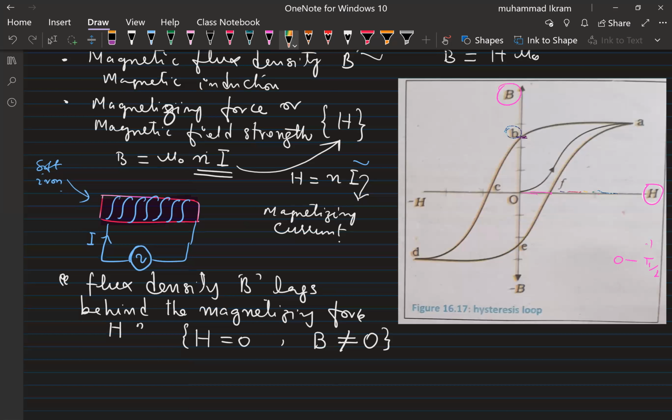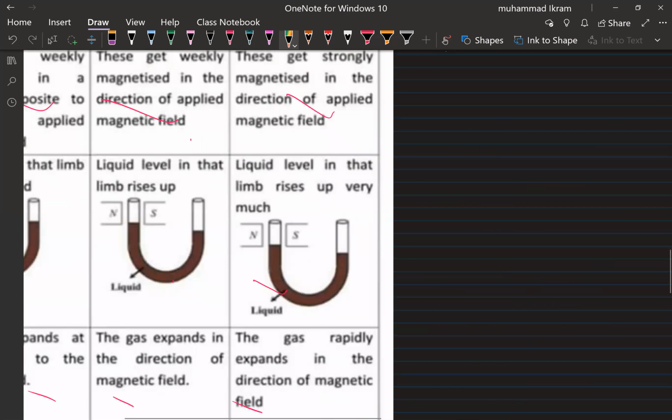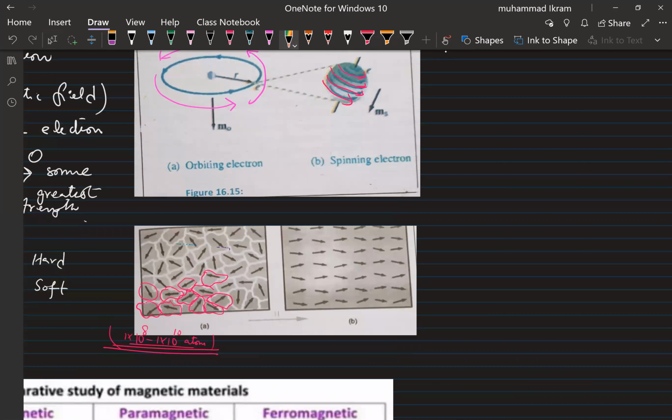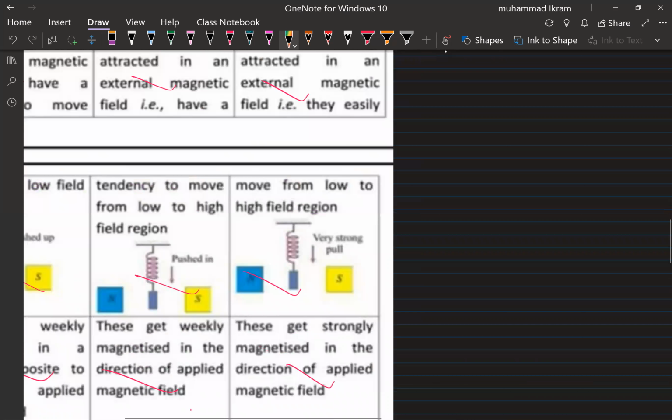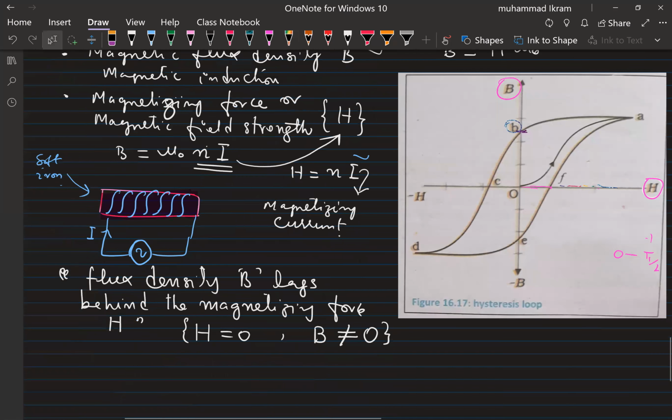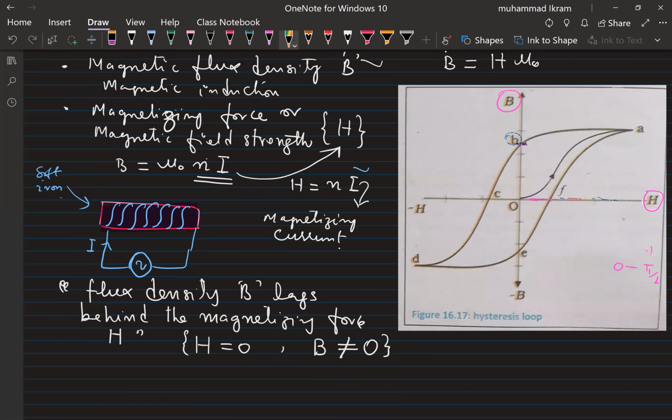The reason is simple: once all the magnetic domains align themselves, there are no more domains left to align, so even if you increase the current, you see no further increase in B.